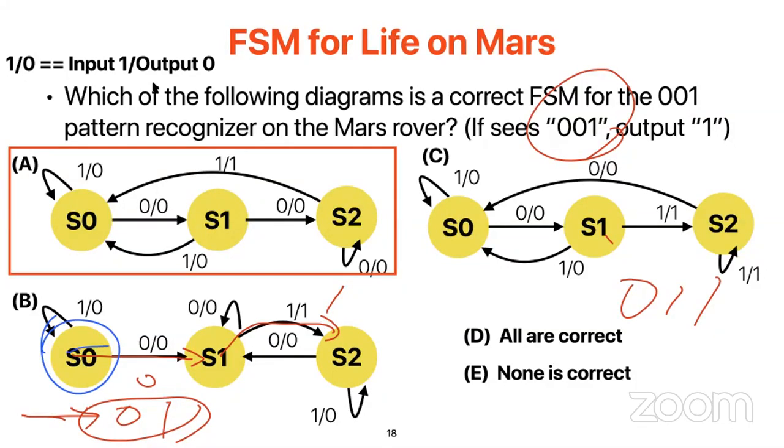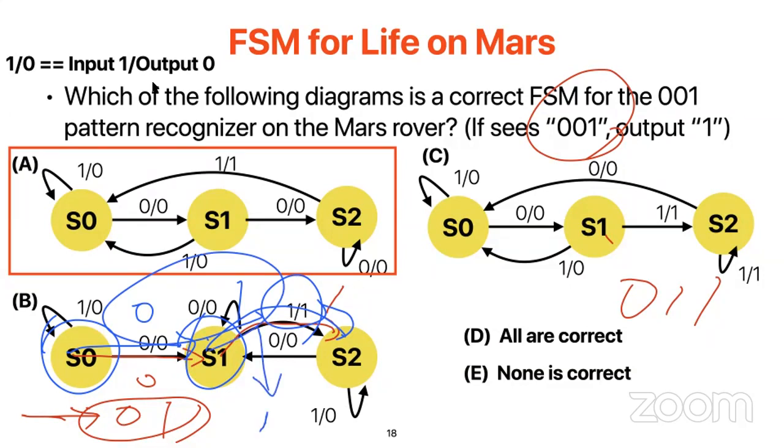If I get a 0, I go to S1. If I get 1, output 1. 0, 1, it outputs 1. And that's not what we want because we only want to see 0, 0, 1, output 1. Get it? Yeah, okay, I see. Thank you.